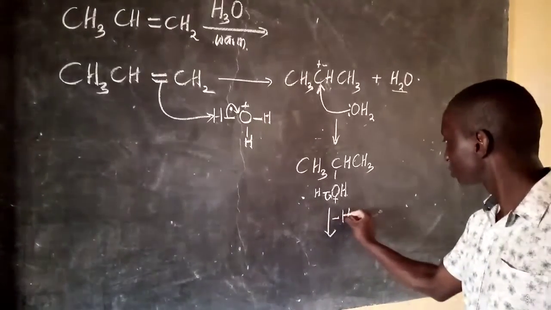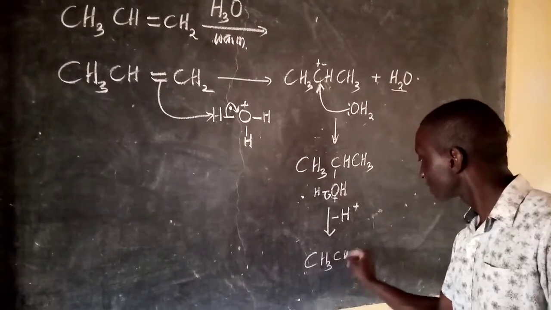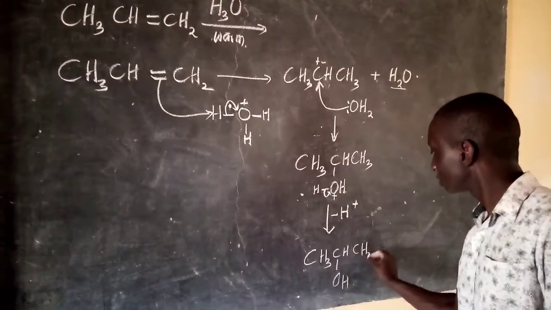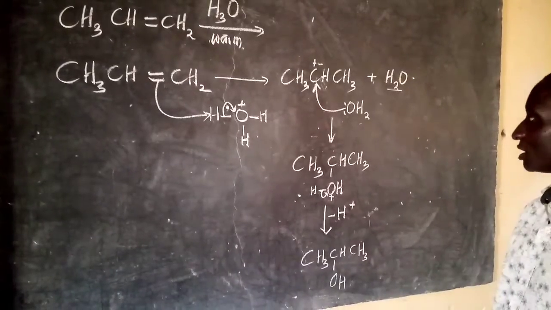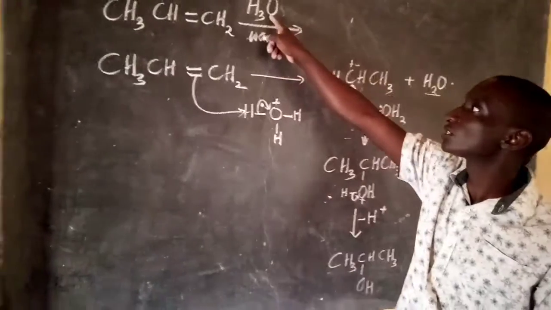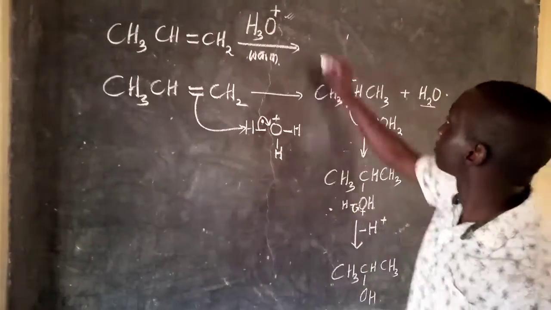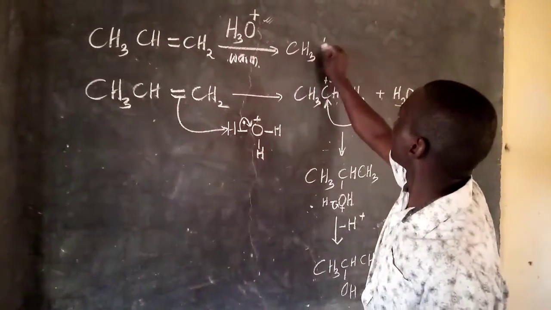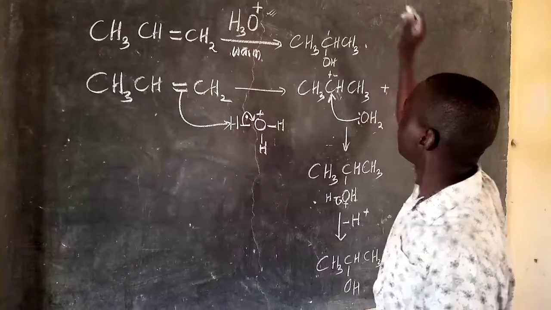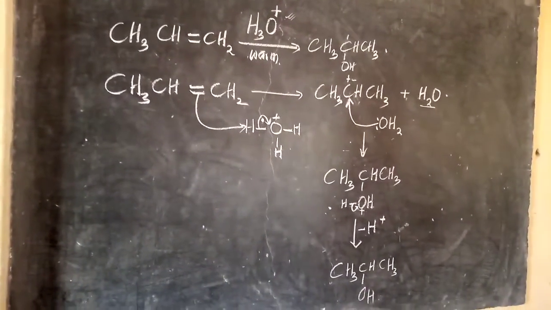So we come up with CH3, CHOH, CH3 plus this hydrogen. So the reaction still can proceed. When you are given this, you simply bring it here as your product. That is some other thing you need to know about the hydration concept.